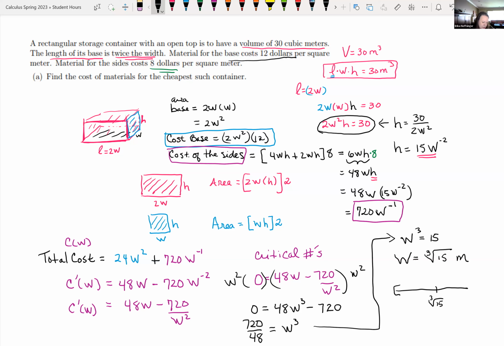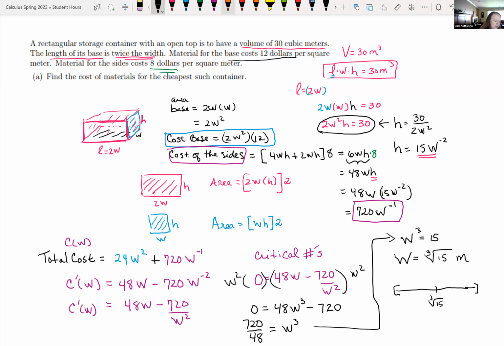I'm just wondering if the second derivative test might be easier. I don't know, either way. Okay, so the cubed root of 15 is about 2.5. I just kind of needed an idea of what to plug in.